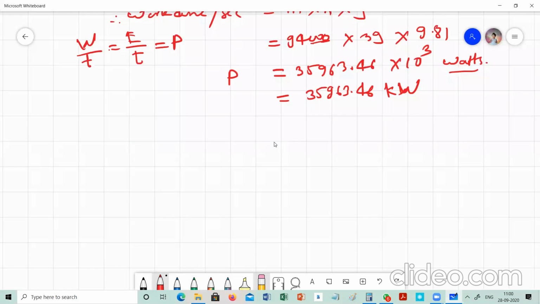We have to calculate firm capacity and then the yearly gross output. I will write it as input power. Input power means hydraulic power.